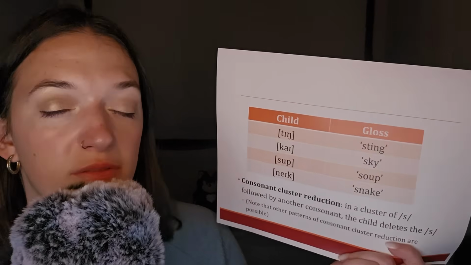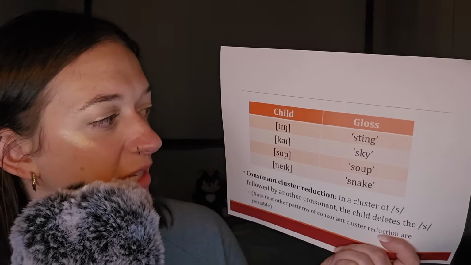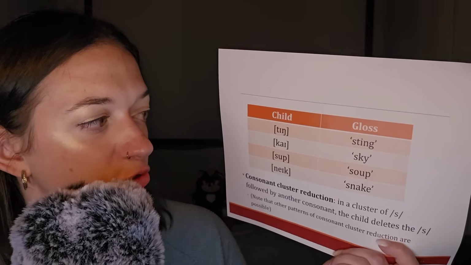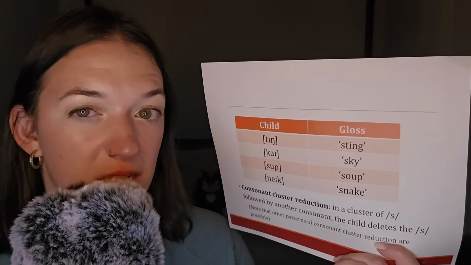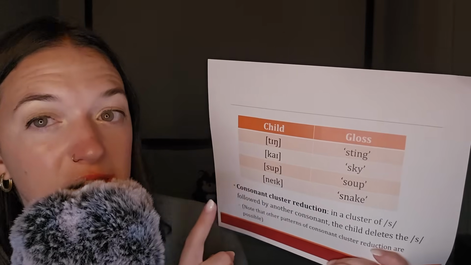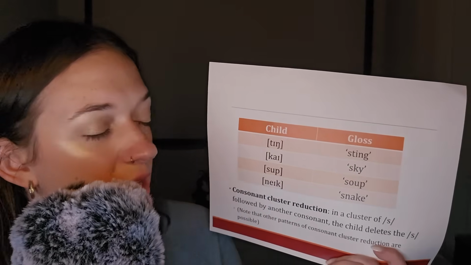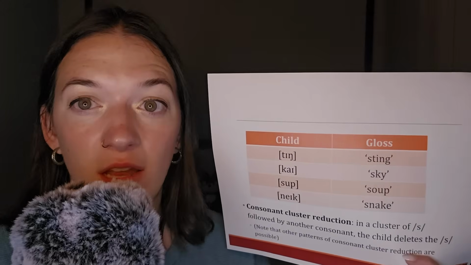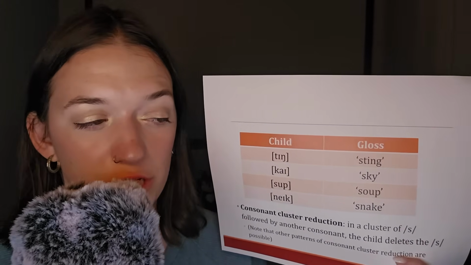Other patterns of consonant cluster reduction are possible, but it is very common for children to delete an S sound in a consonant cluster. It's not because a child cannot pronounce an S, as we see in soup, but an S plus another consonant may be difficult for a child to produce.